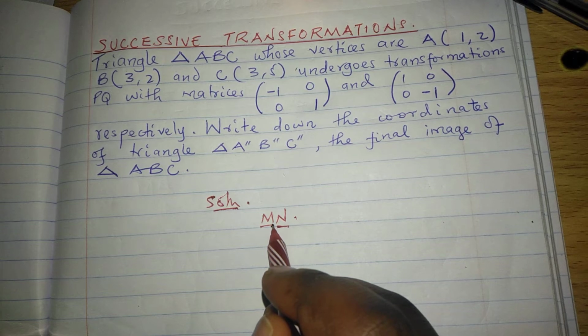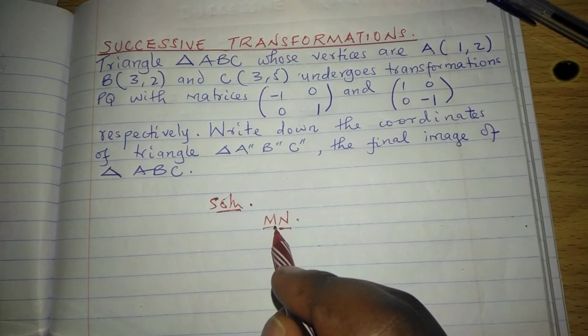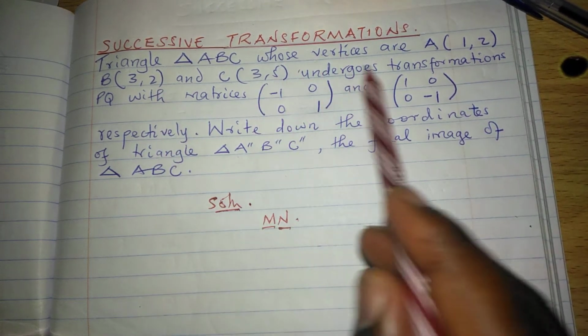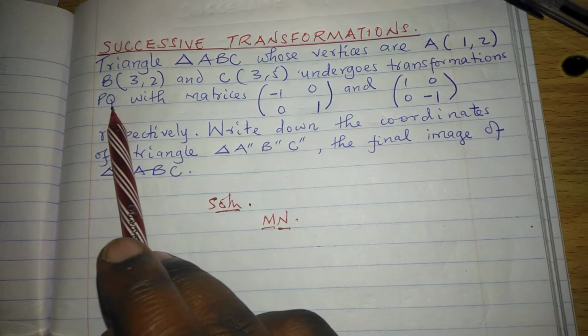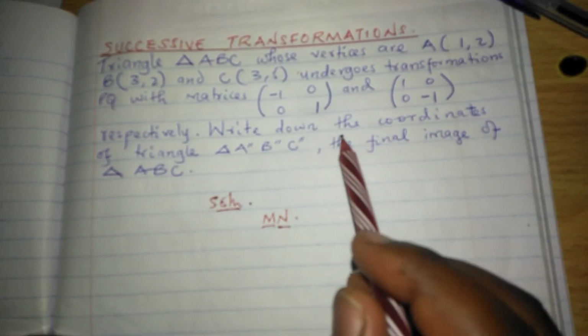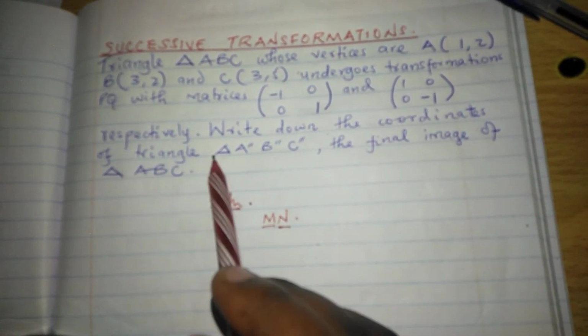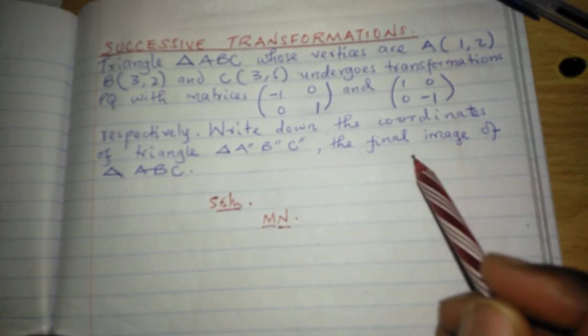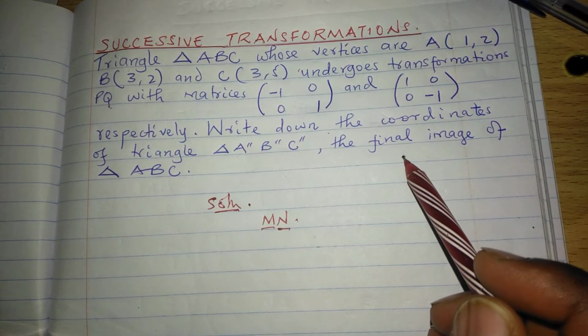For instance, we have a question here which says the triangle ABC, whose vertices are given here, undergoes transformations PQ with matrices, these ones respectively. Write down the coordinates of triangle A', B'', and C'', the final image of triangle ABC.